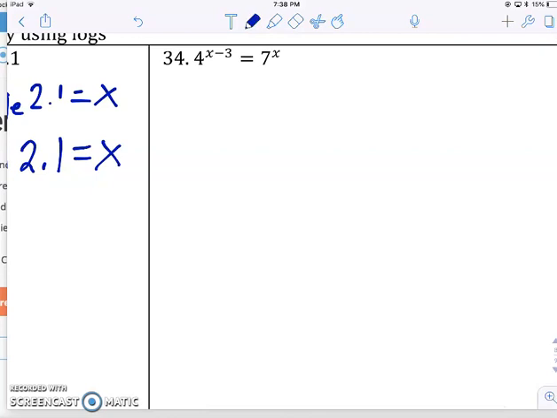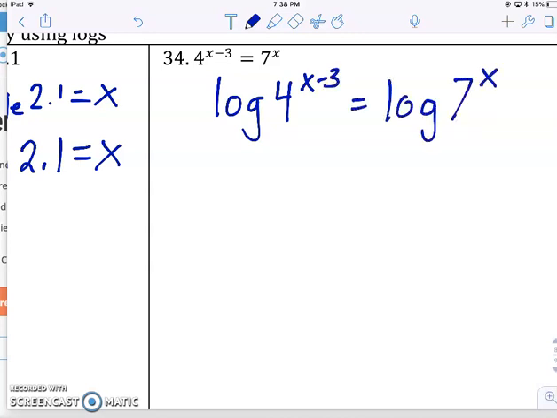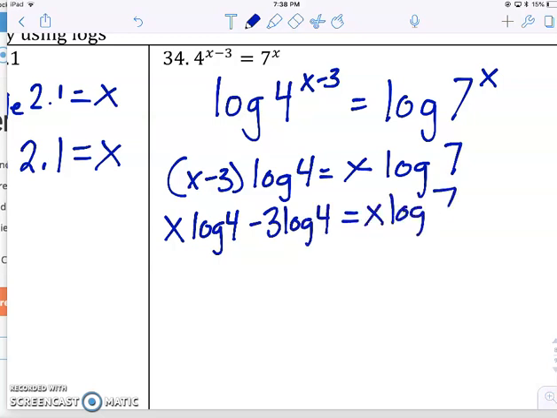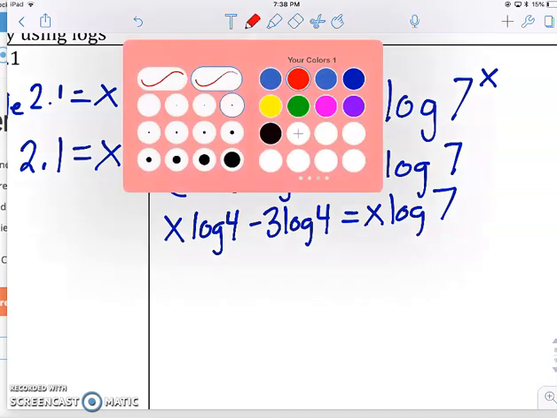And as for this next one, so when it's on both sides, we log both sides. The exponent comes out in front. Let's see, distribute. So x log 4 minus 3 log 4. Let's get x's on the same side.